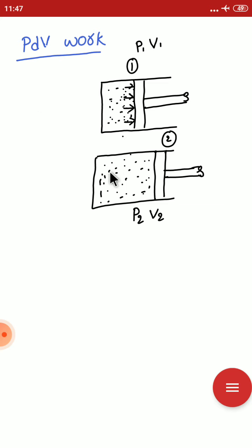When the piston moves an infinitesimally small distance, we name it delta L. The distance the piston moves from position 1 to 2 is delta L, and the cross-section area of the piston is small a.